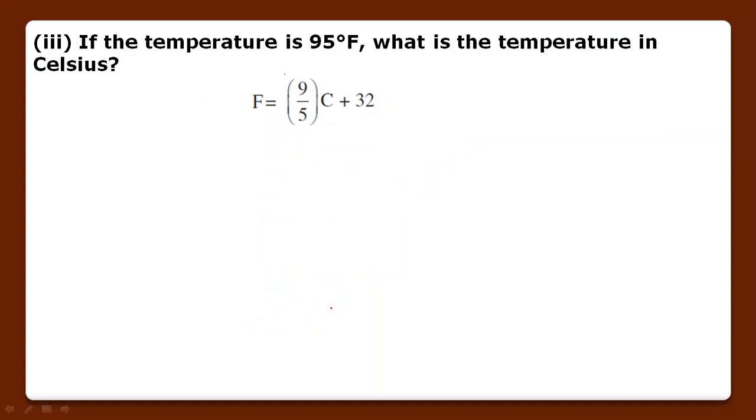Third part is: if the temperature is 95 degrees Fahrenheit, what is the temperature in Celsius? This time Fahrenheit is given and we have to find Celsius. Again it is a very easy question. We'll do the same thing, putting F equals to 95 degrees in the given equation.